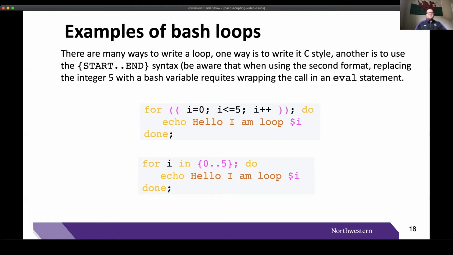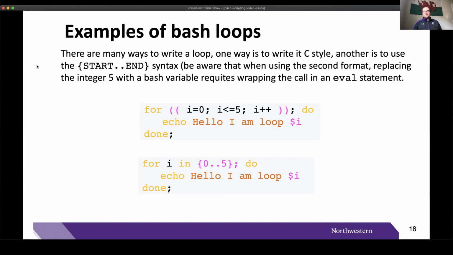The other is more of your fundamental bash syntax, with for my variable name in some array, some list of elements. All this loop does is print hello, I am loop number 0, loop number 1, loop number 2. That's pretty much all there is fundamentally to writing a loop in bash.